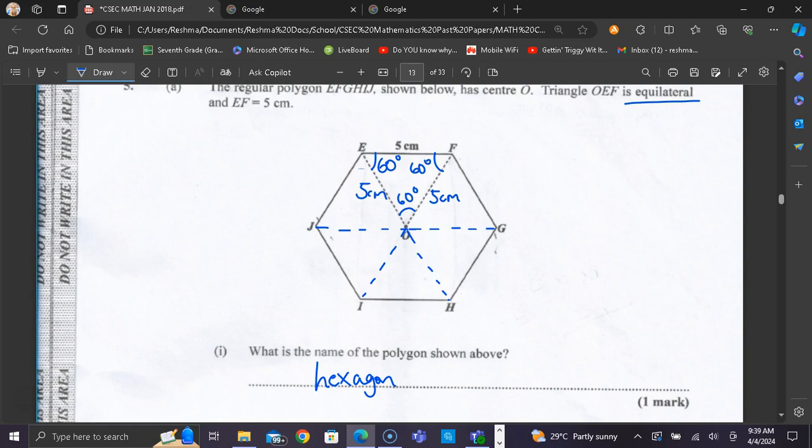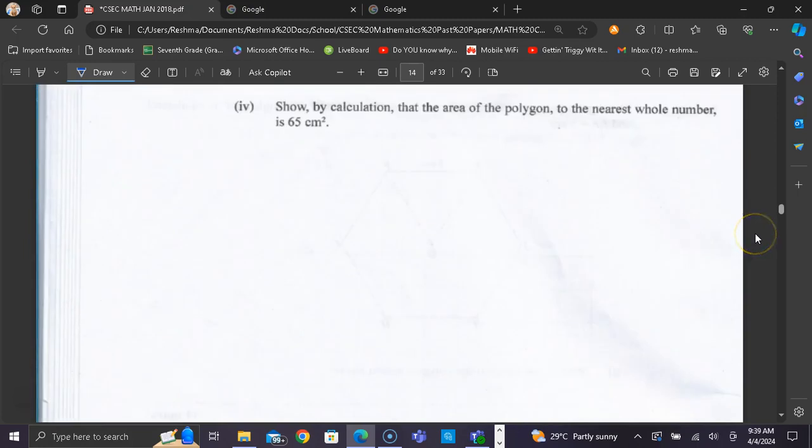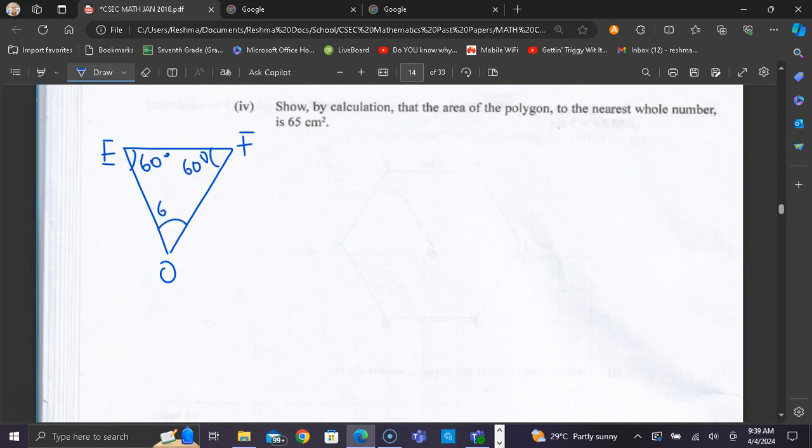So you have 6 of these triangles inside of the hexagon. All right, so let's find the area of triangle OEF, and I'm going to draw it down below. So we have OEF, each angle 60 degrees, and each side 5 centimeters. Okay. So, since we have all three sides and all three angles, we can use this formula that is given in the formula sheet.